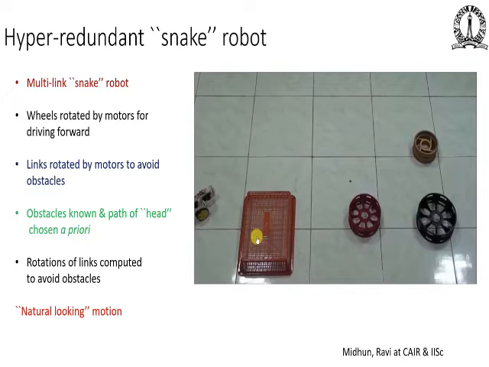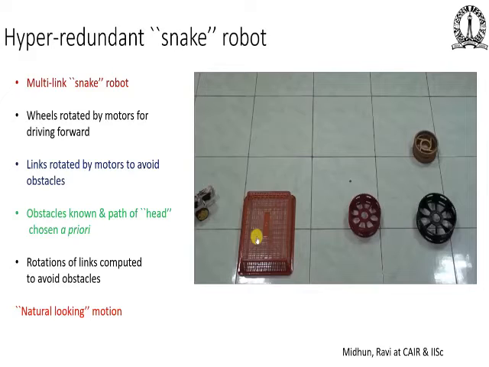The path of the head and the location of the obstacles are known a priori. Okay. However, later on, if you have a sophisticated robot with enough computing and enough sensors, it can look ahead and see where this obstacle is and then plan the path. In this video, the path is given.